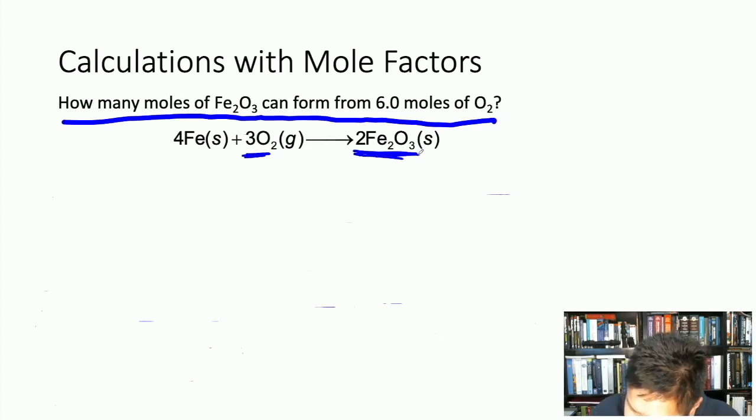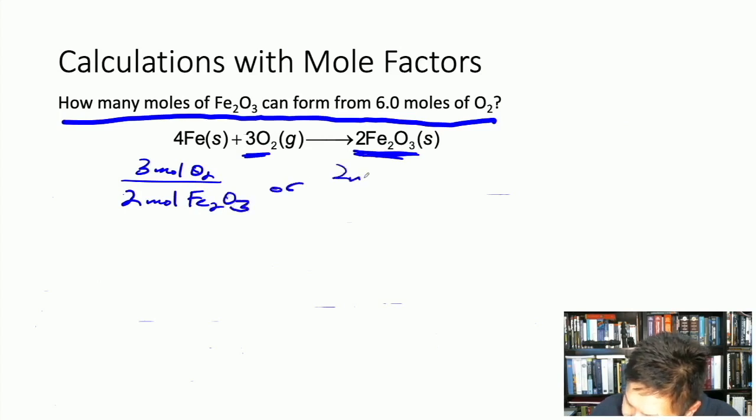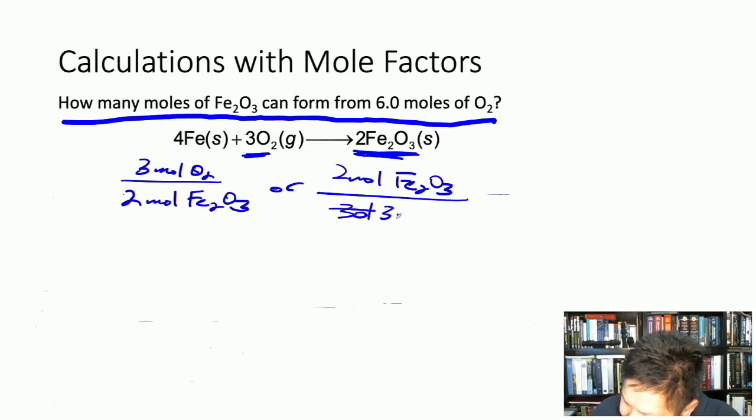So we can write that, like we were doing before, as 3 moles of O2 over 2 moles of Fe2O3, or you can write it as for every 2 moles of Fe2O3, you get 3 moles of oxygen.